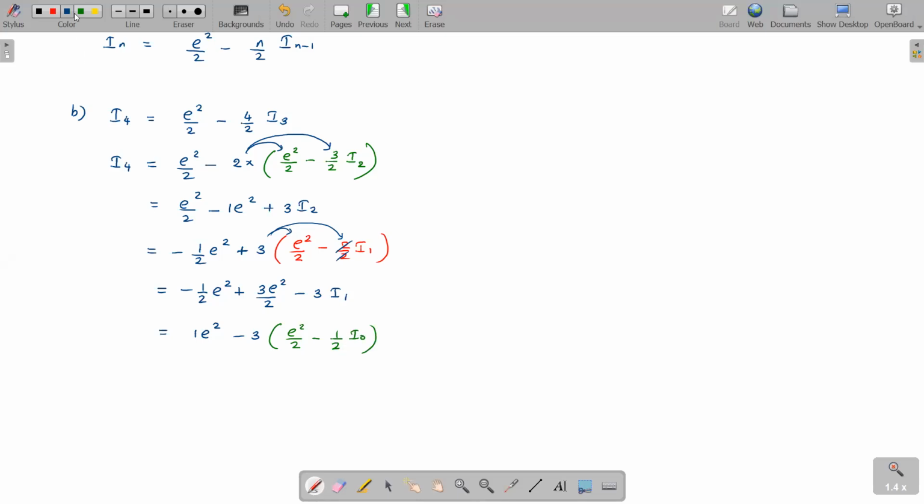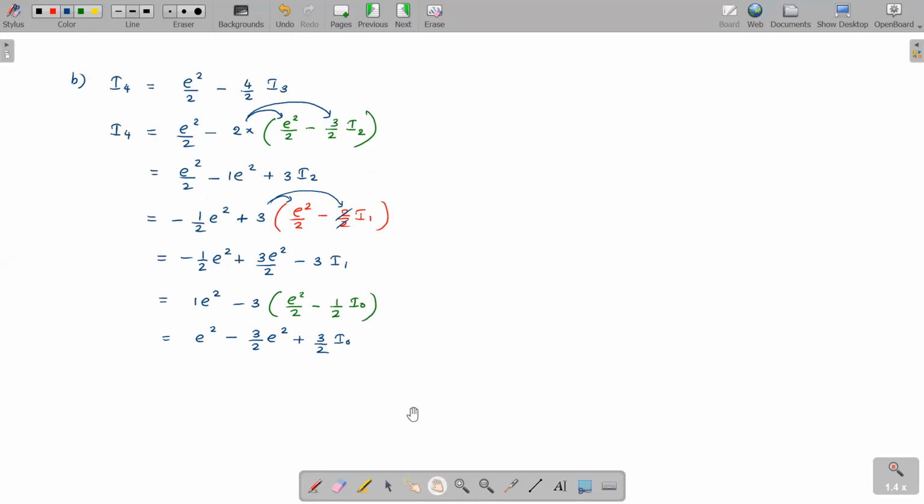Do you agree with me? E square minus 3 over 2 e square, minus into minus is plus 3 over 2 I0. So 1 e square minus 3 over 2 e square gives me what? Minus half. Plus 3 over 2 I0.